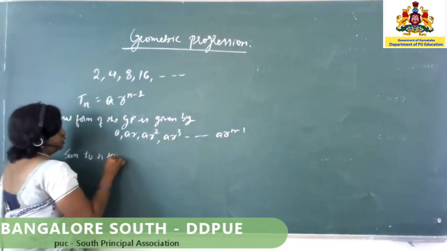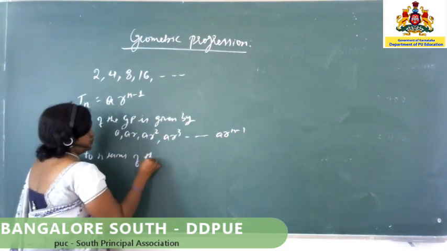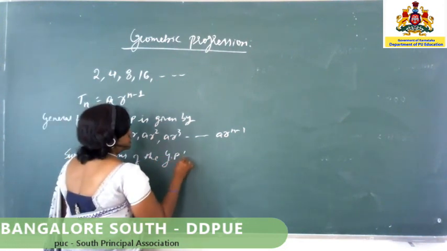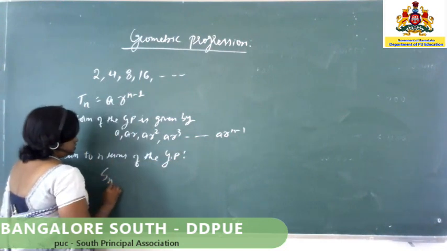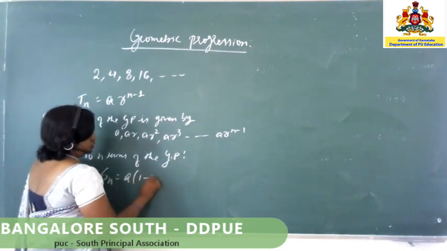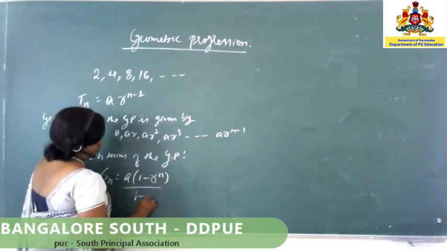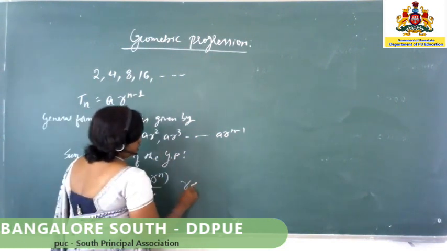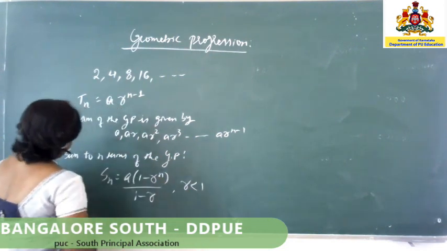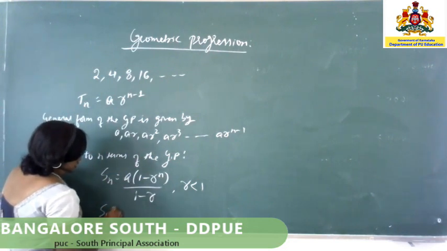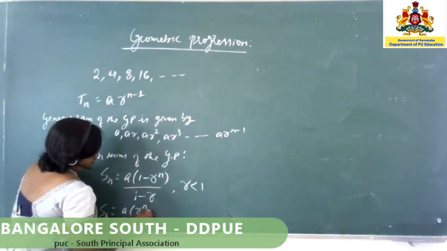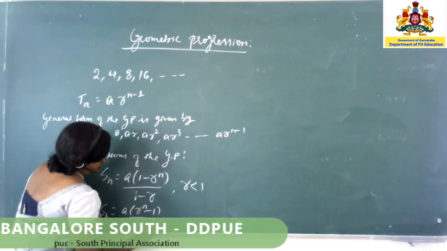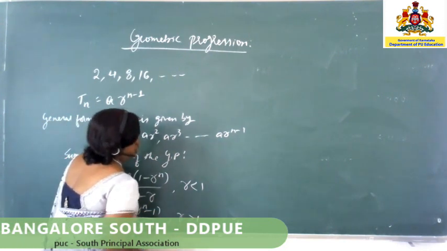Sum to n terms of the GP is given by Sn is equal to a into 1 minus r to the power of n by 1 minus r, when r is less than 1, and Sn is equal to a into r to the power of n minus 1 by r minus 1 when r is greater than 1.